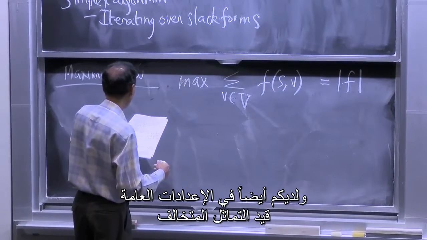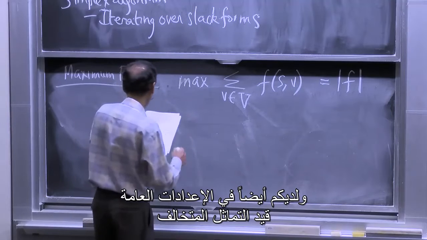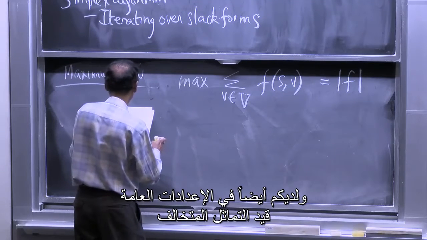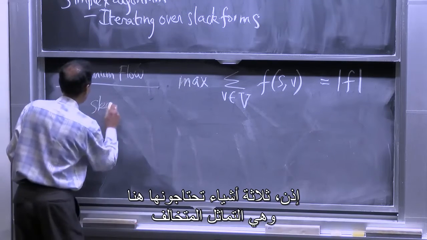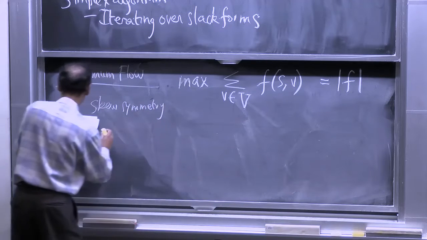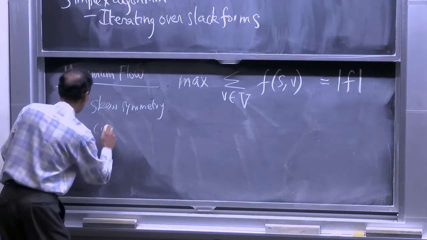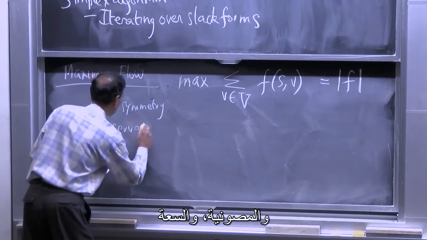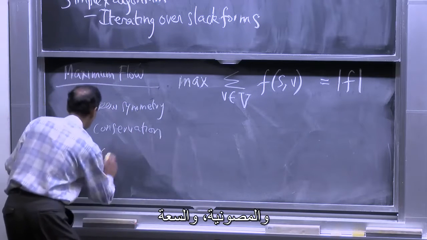And in the general setting, you're going to have these skew symmetry constraints as well. So the three things that you need here are skew symmetry, conservation, and capacity.